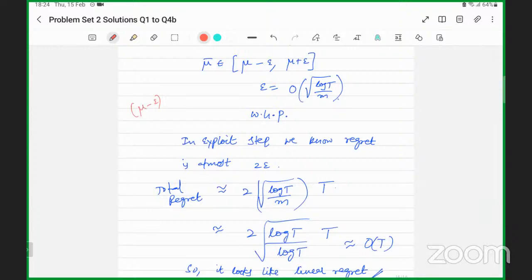So if you have some bound for arm 1 and some range for arm 2, if you're playing the wrong arm, that means the sample average of that arm is better than the sample average of the other arm, right?